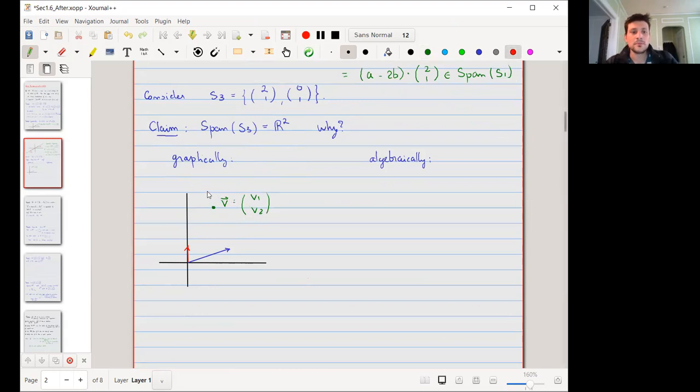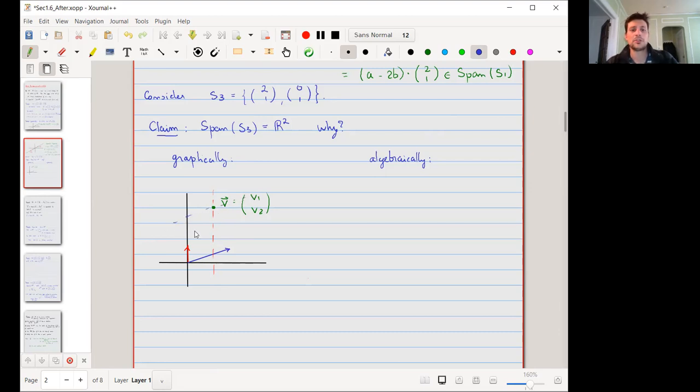Well, I will give you a graphic justification. If I take any element in R2, it's just any point in the plane, I call it v, and I'll suppose that it has components v1 and v2. Well, then I can write v as a linear combination of the vectors (2, 1) and (1, 0) as follows.